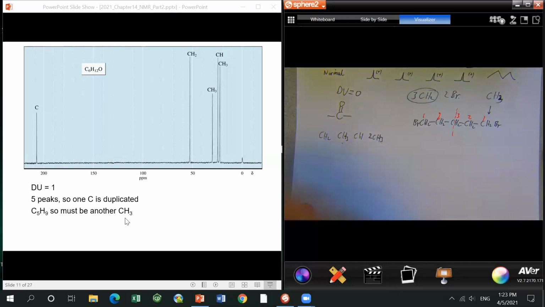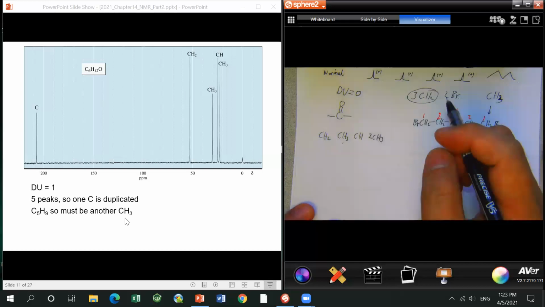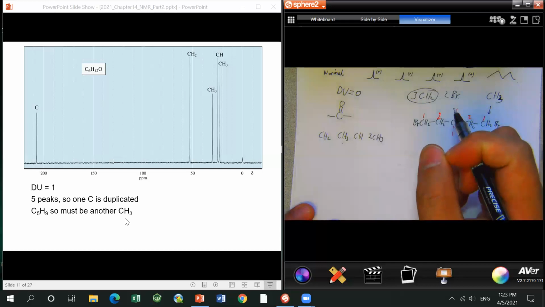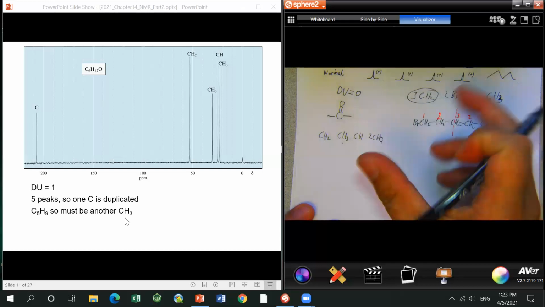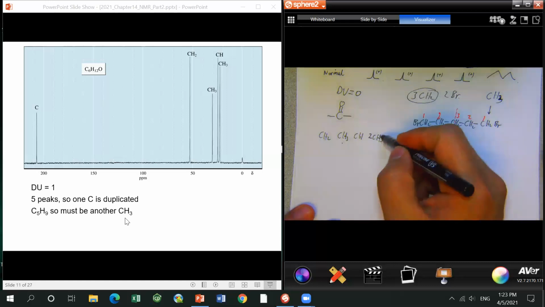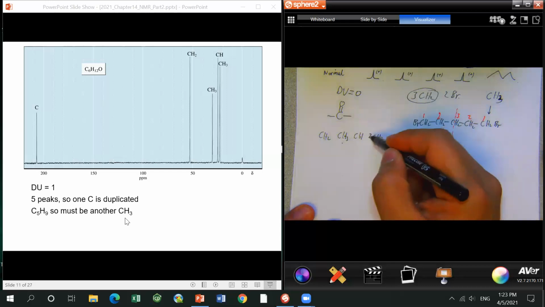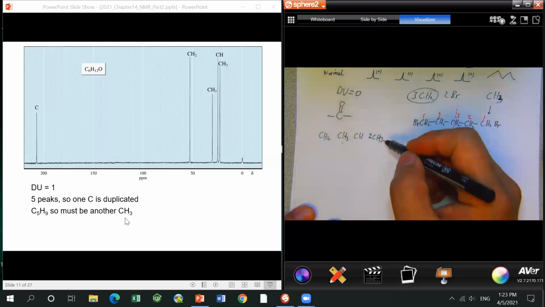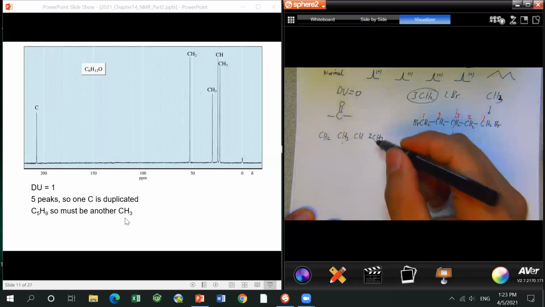So you have all these fragments. The important thing now is how do we combine them. If 2 CH3 show the same chemical shift, that means these 2 CH3 have to be attached to the same carbon.